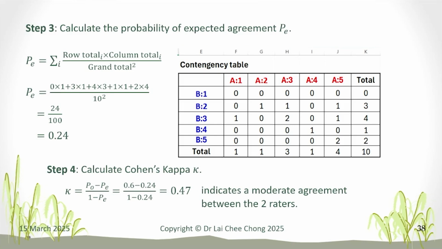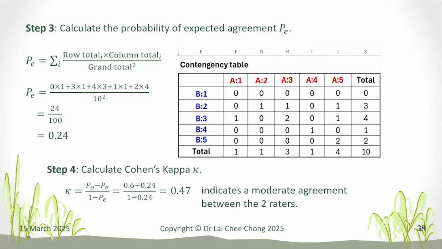So, okay, now after I've done that, life is a lot easier. Then what you do is you divide the total by the square of the grand total, which is 10, right? You square the 10. So you get what? 100 here. This one adds together to be 24. So it becomes what? 0.24. So now you get these 2 probabilities: the observed probability, the expected probability.